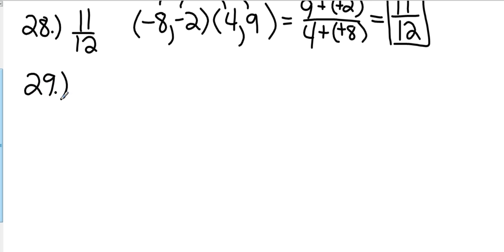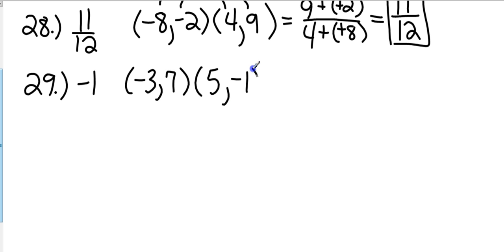Number 29. The answer to number 29 is -1. And we have -3, 7, and 5, -1. Connect the x's, connect the y's.